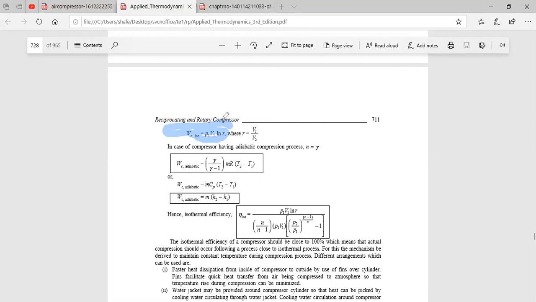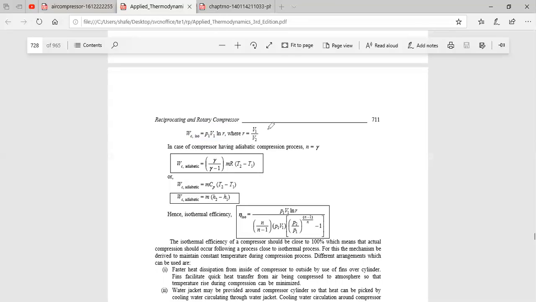That equation shows you the work done for the isothermal process, that is P1 V1 ln of R, where R is called the compression ratio, V1 by V2. Because you are taking volume at V1, you are compressing it to V2. So that's V1 by V2.